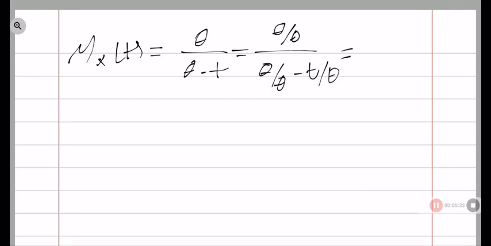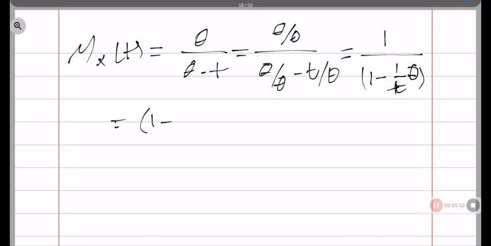So that will be 1 in the numerator, and 1 minus t over theta in the denominator, and we can write it as (1 minus t over theta) to the minus 1.